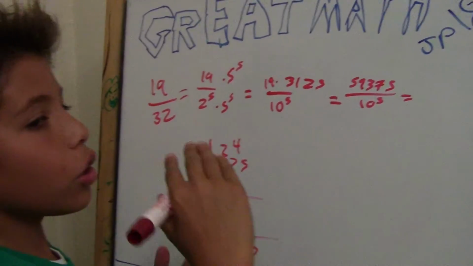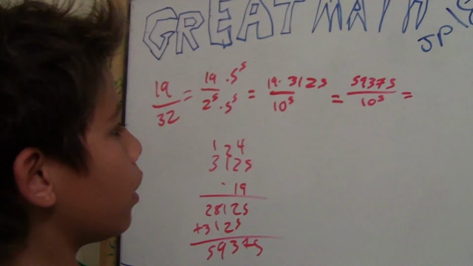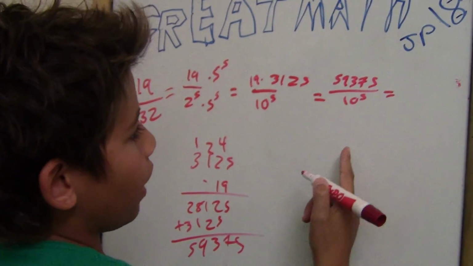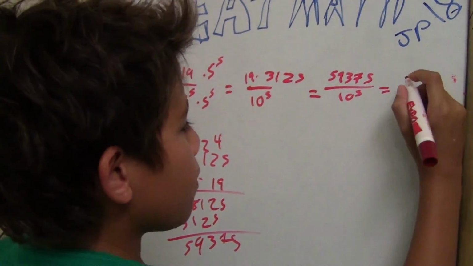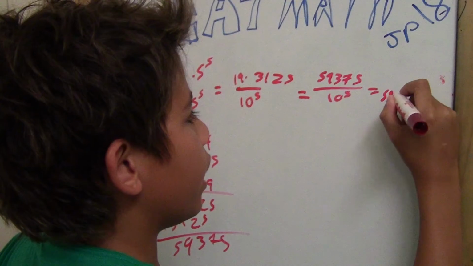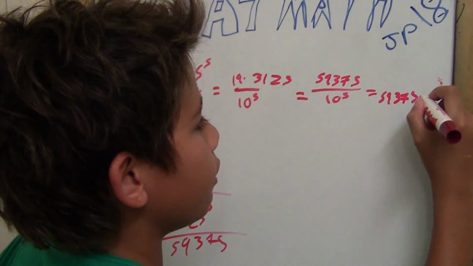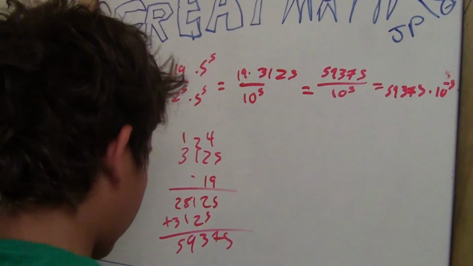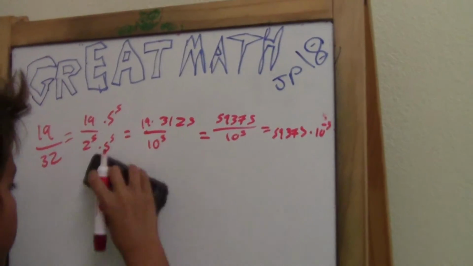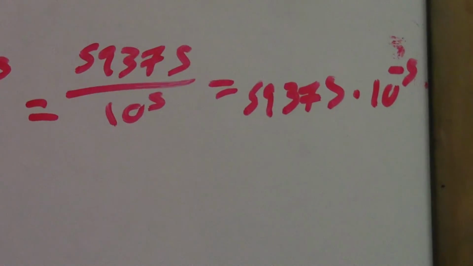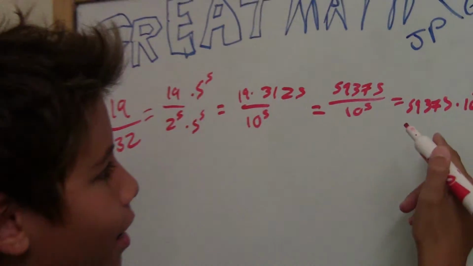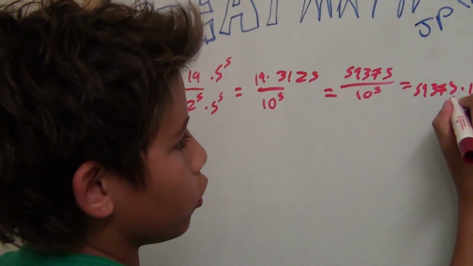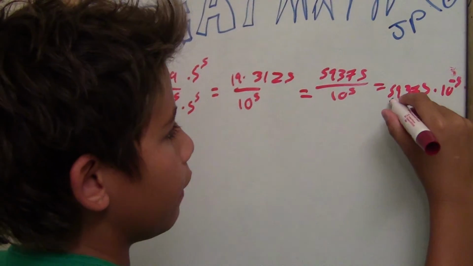Now, we're going to turn it into normal. So, if it's not going to be a fraction anymore, this would be 10 to the power of negative 5. So, 59375 times 10 to the power of negative 5. Now, that's moving the decimal to the left. Is it right? Yeah. 5 times. So, 1, 2, 3, 4, 5.